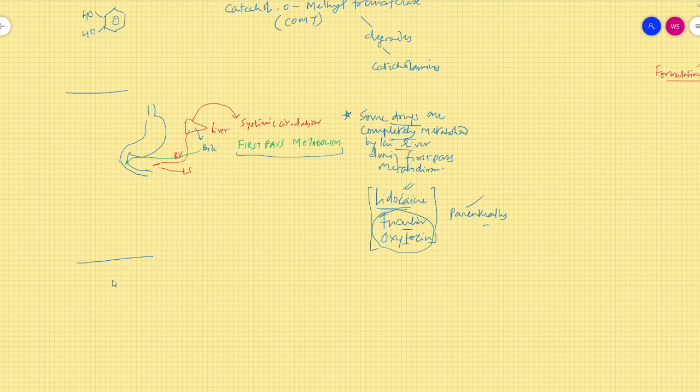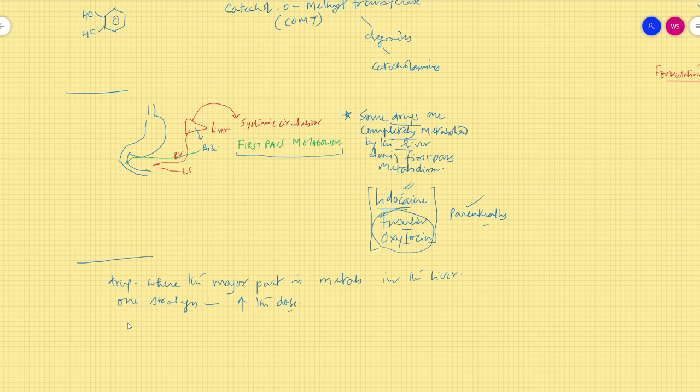So for drugs where the major part is metabolized in the liver, one strategy could be to increase the dose. Okay, so what's the other strategy?